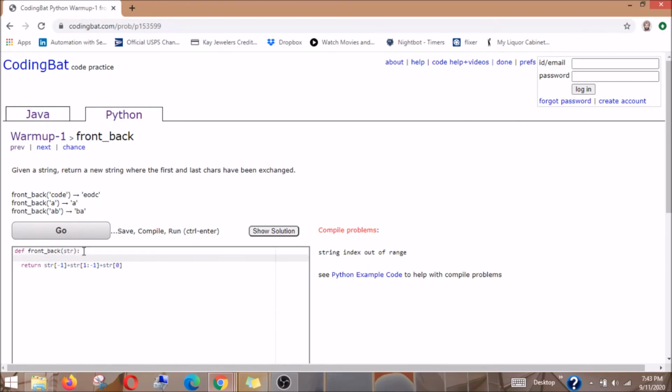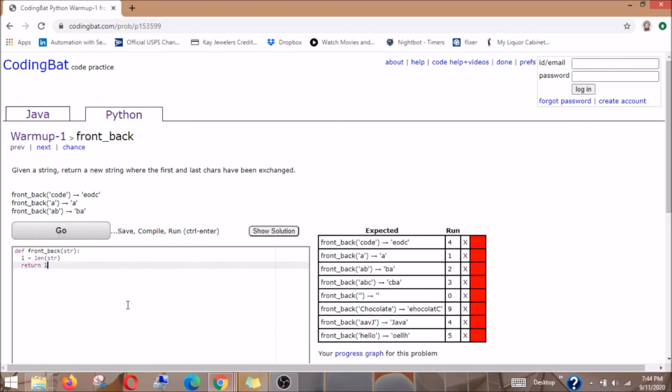Why don't we choose this? len equal to str.length, right? This function should give us the length, if I'm not wrong. So this gives us the length of the string.